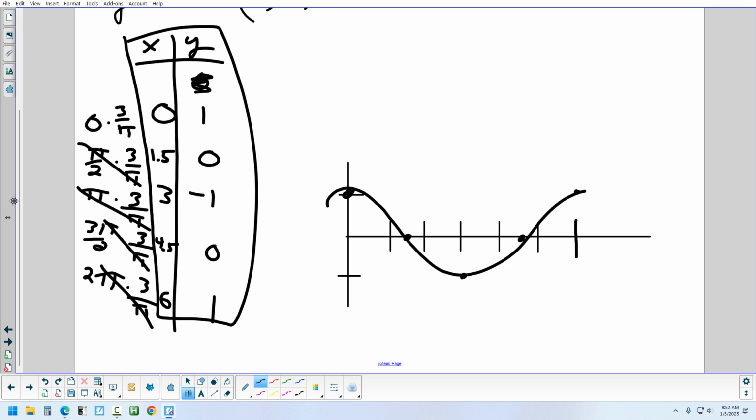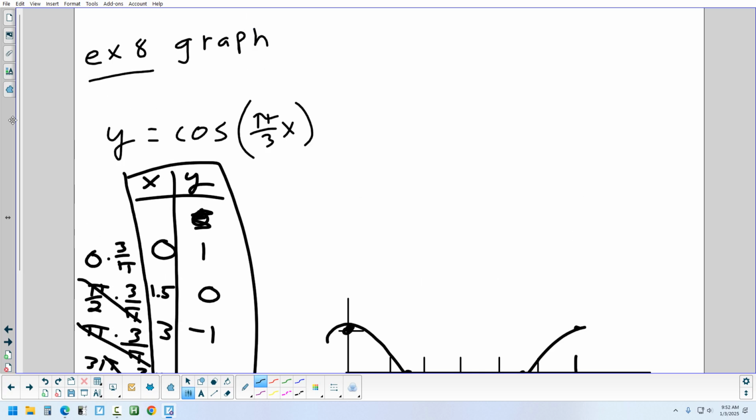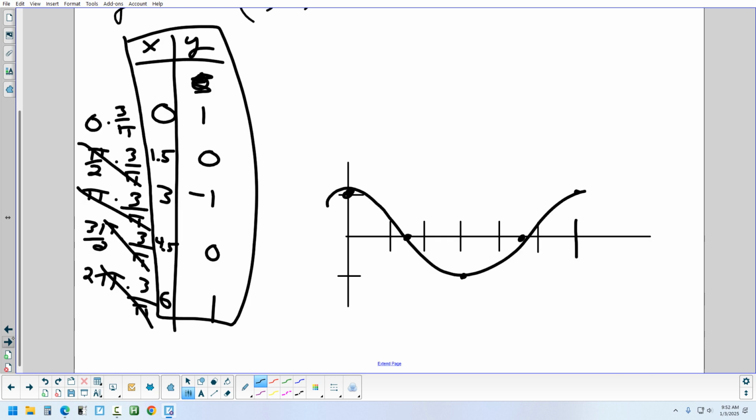So normal period length is 6.28. This one is 6. It's just a little bit of a compression, not much. And that's because this number is just a little bigger than 1. 3.14 divided by 3 is like 1.05, 1.04. Just a little bit bigger than 1. All right. So that is period changes.